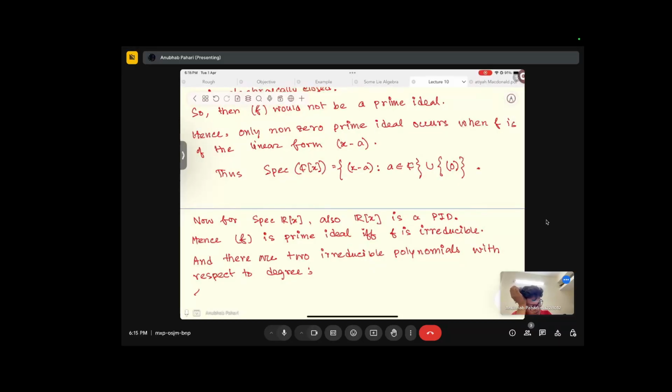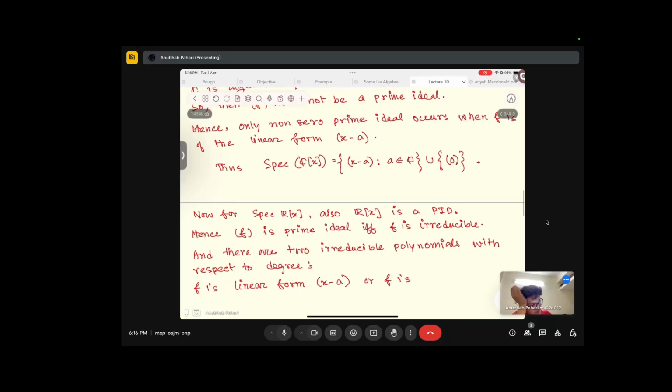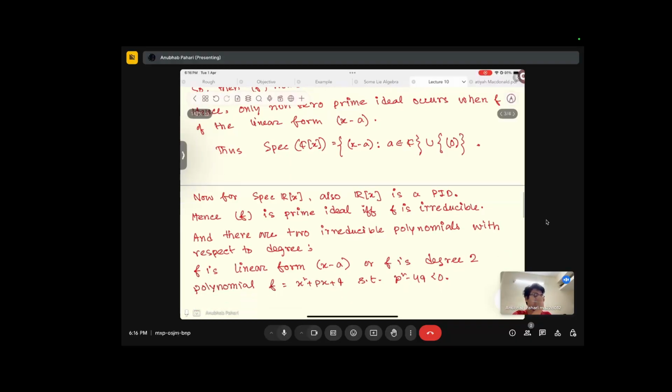f is a linear form x minus a, or f is a degree 2 polynomial f equals x square plus px plus q such that p square minus 4q is less than 0.